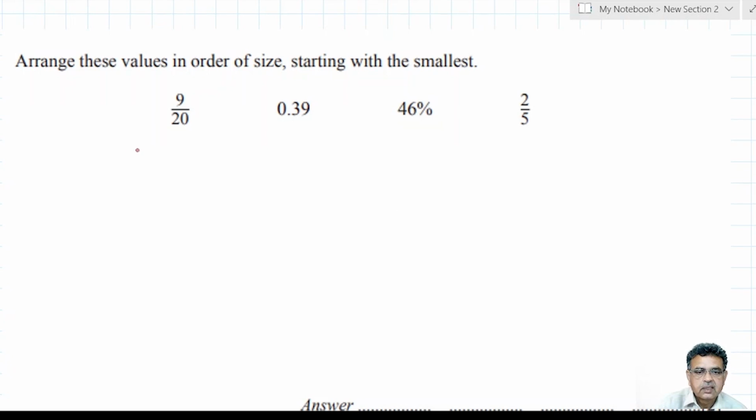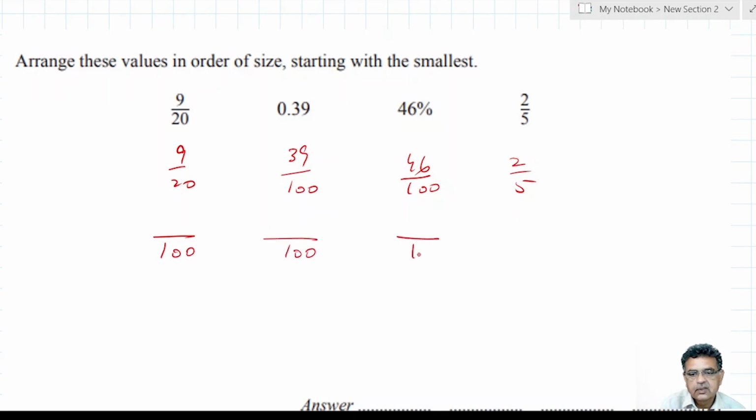Okay, now once again, this is 9 over 20, this is 39 over 100, this is 46 over 100, and this is 2 over 5. Changing all of them to 100, because 100 is the LCM that can be divided by every one of these denominators. 5 times 45.